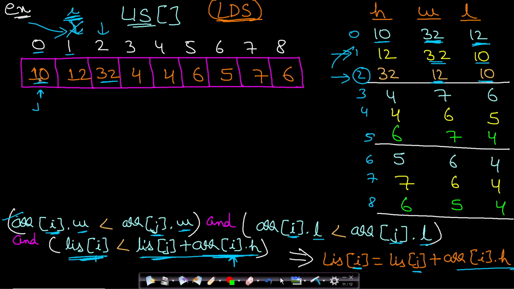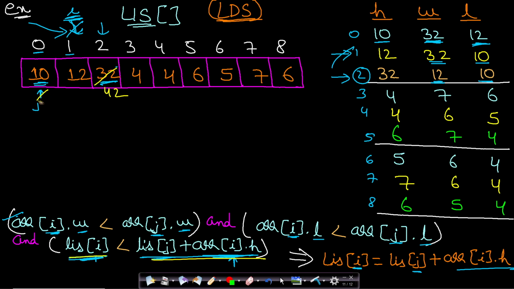So if you stack them on top of the other, then will this give you a better height? That means will this increase your height of the stack? Now you can see that 10 plus 32 will be greater than 32, and so it will increase your height. So we will be replacing it by a value 42. This is according to this one, right?